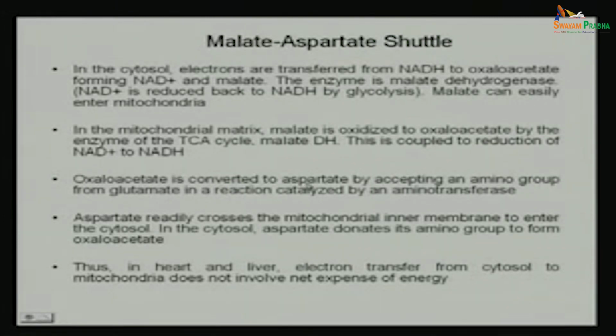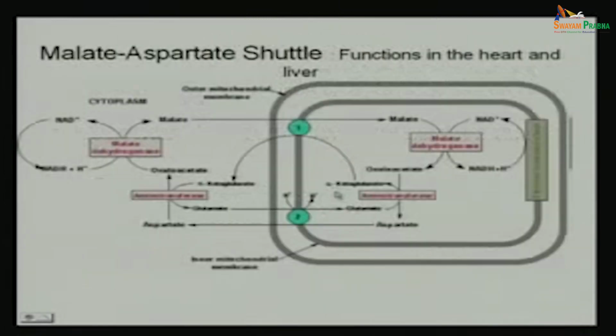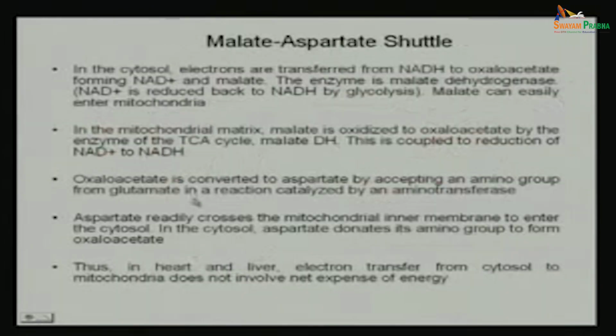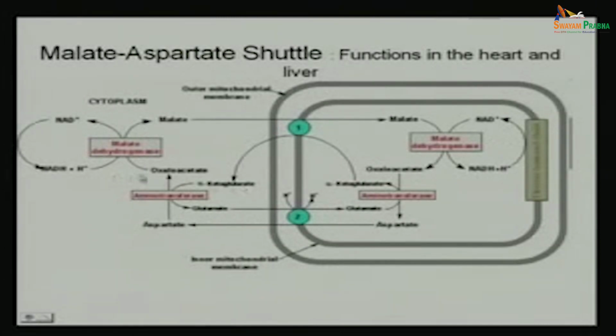Oxaloacetate is converted to aspartate by accepting the amino group from glutamate in the reaction catalyzed by an aminotransferase.